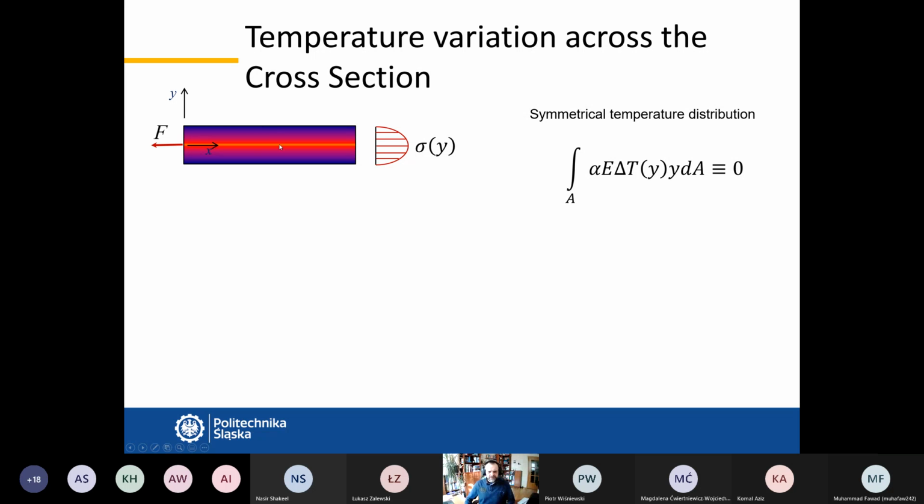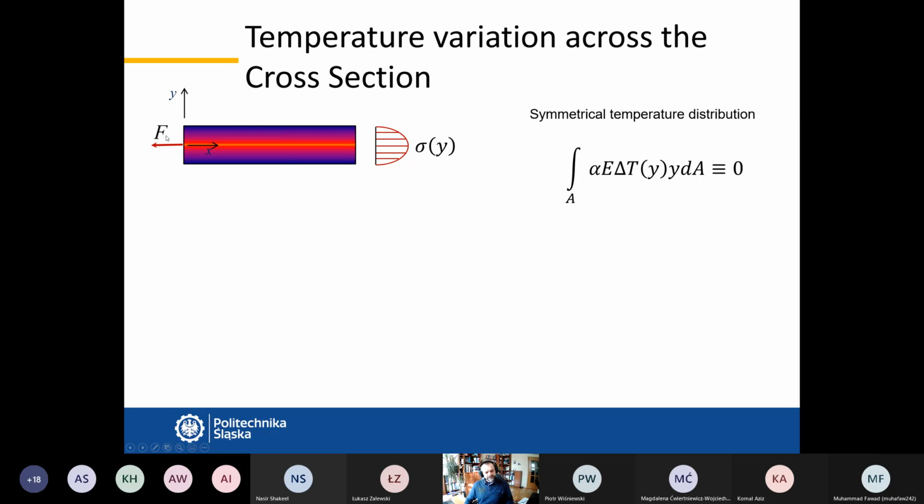So this temperature distribution is symmetric about the centroidal axis, if the cross section is symmetrical, of course. The axis passes through the center of the object.